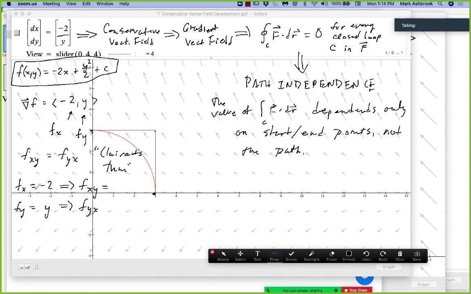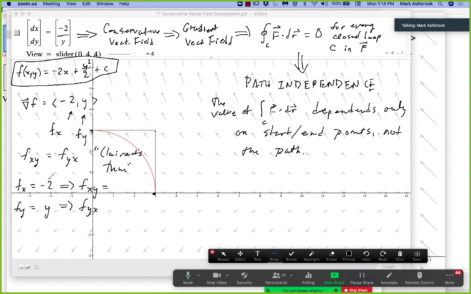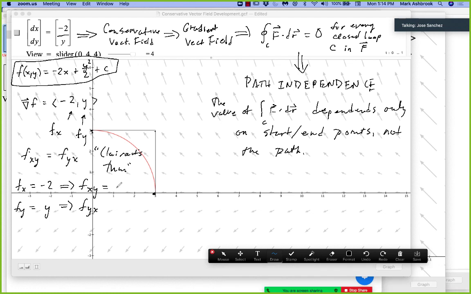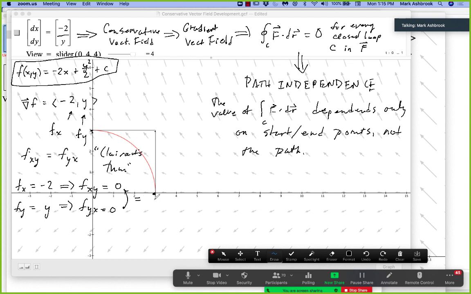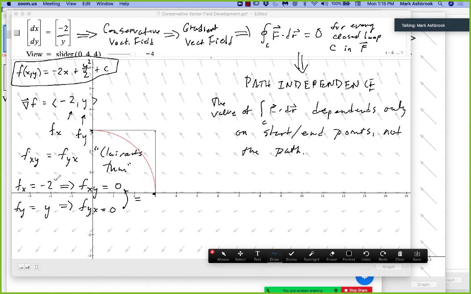So we've got the partial with respect to x. What's its partial with respect to y? 0. And here's the partial with respect to y. What's its partial with respect to x? 0 again. What do you notice? Those are equal. So by Clairaut's theorem, these truly are partial derivatives, and this is a gradient field.